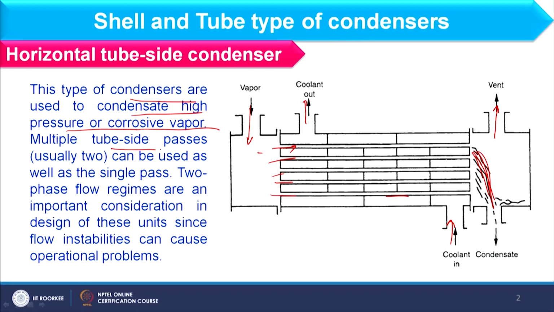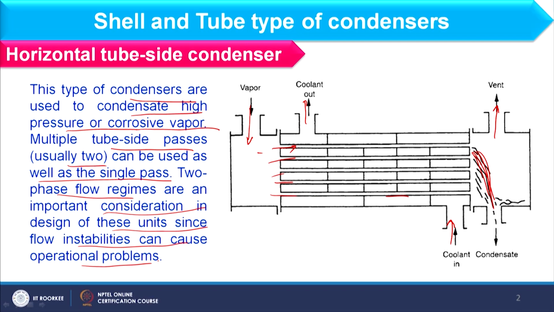Multiple tube side passes, usually 2, can be used as well as a single pass. Two-phase flow regimes are an important consideration in the design of these units, since flow instability can cause operational problems.